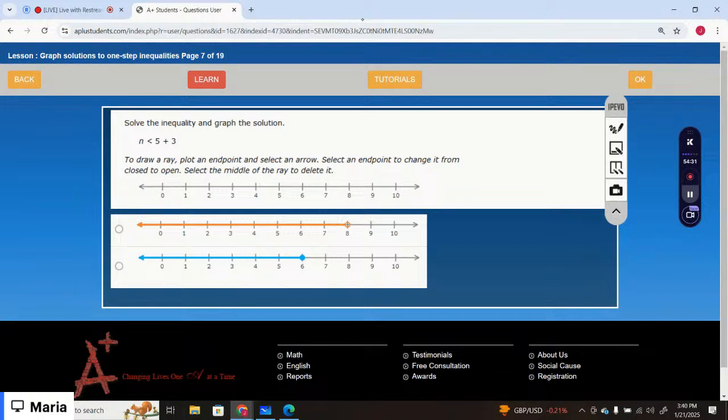That is M is less than 8, so option number 1 is the correct option. Okay, you can complete the lesson by yourself later today.